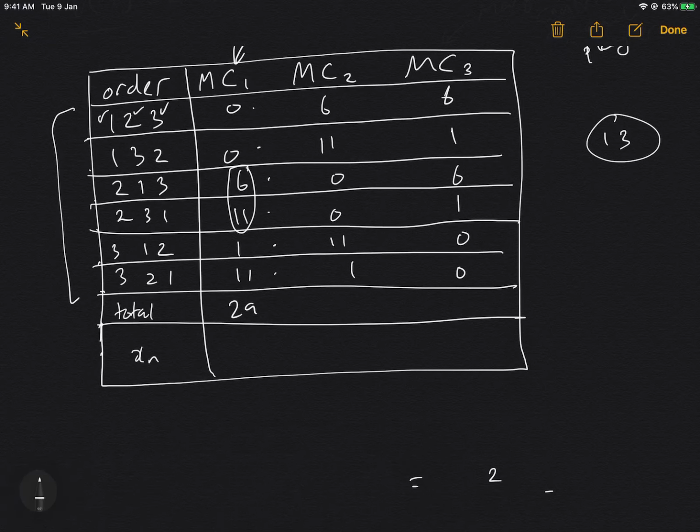Oops, 29. And player 3 is going to be 6 plus 1, 7 plus 7, it's 14. So 29 divided by 6, 29 divided by 6, and 14 divided by 6 is how much they should get in total.